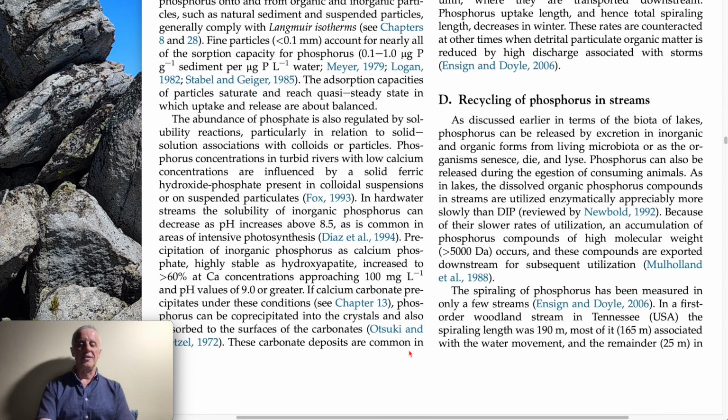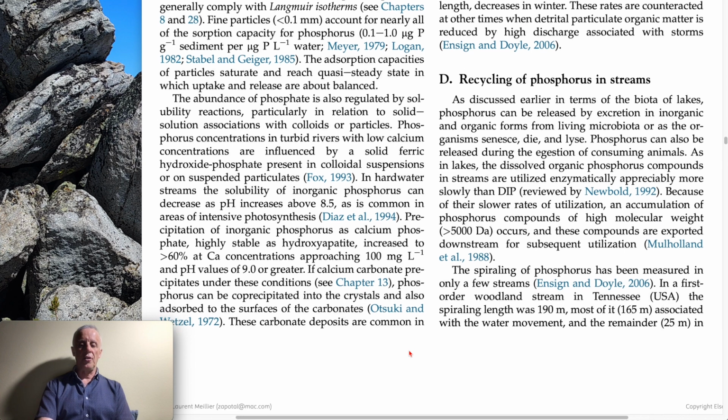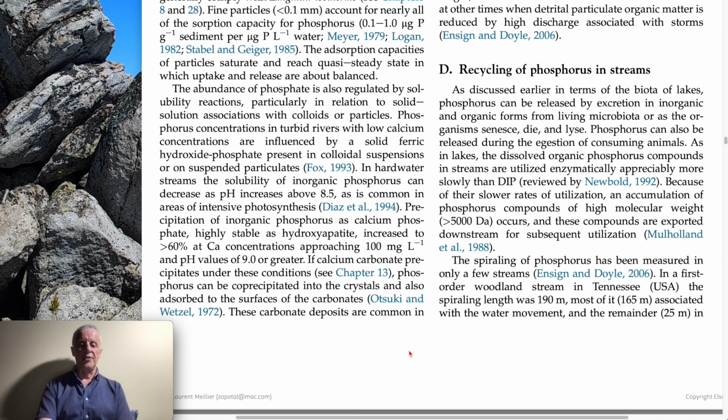Recycling of phosphorus in streams. As discussed earlier in terms of the biota of lakes, phosphorus can be released by excretion in inorganic and organic forms from living microbiota or as the organisms senesce, die, and lyse. Phosphorus can also be released during the ingestion by consuming animals.